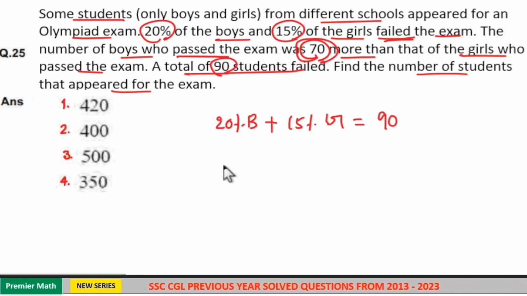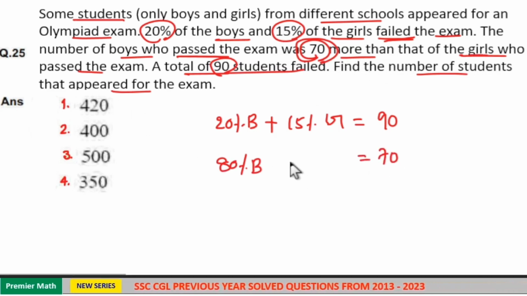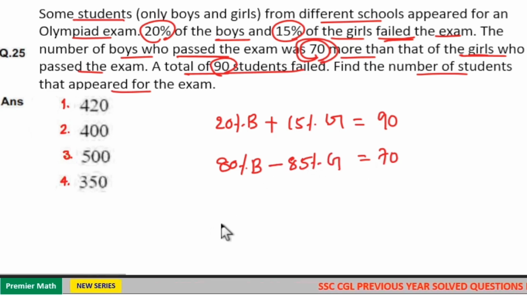Number of boys who passed is equal to 80% of boys, which is 70 more than number of girls who passed the exam. Girls who passed the exam is equal to 100 minus 15, 85%. So difference between these two is equal to 70.